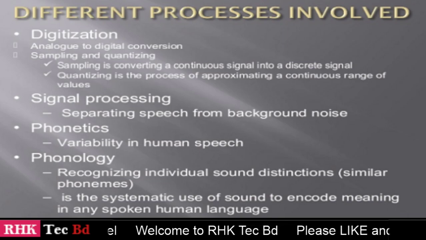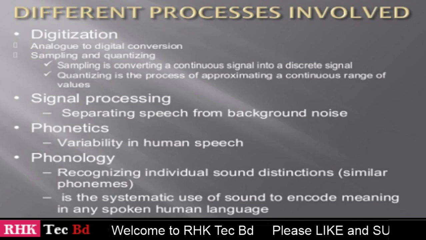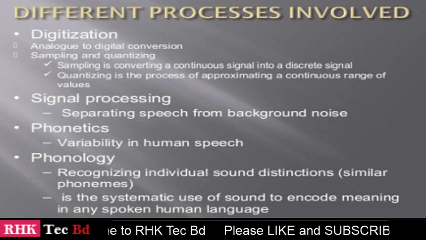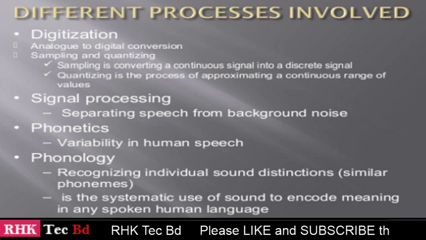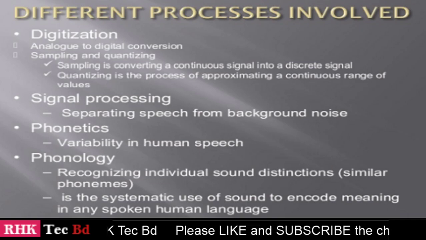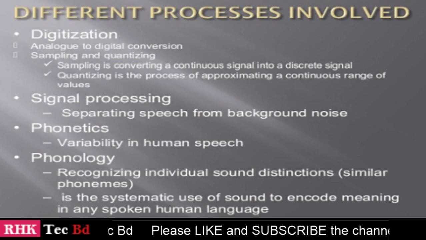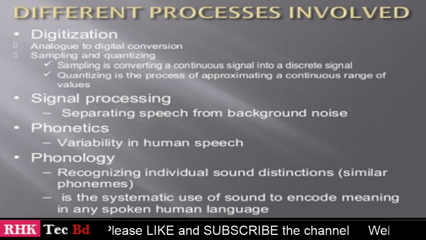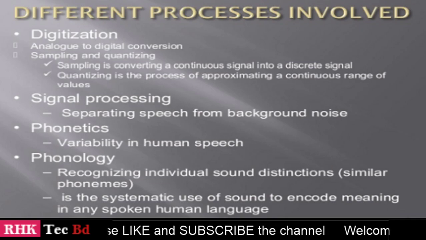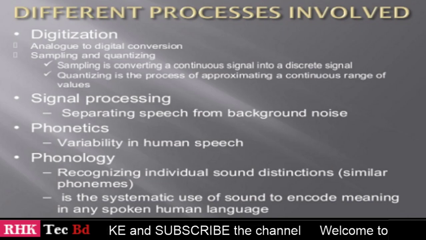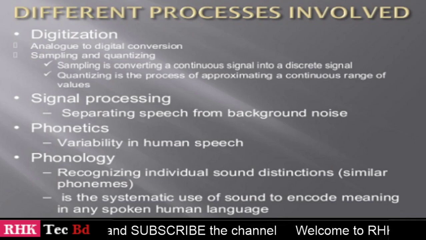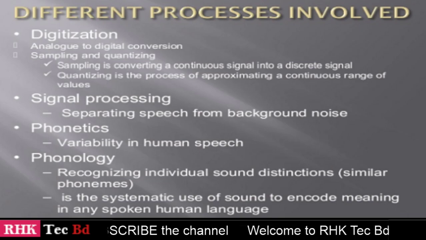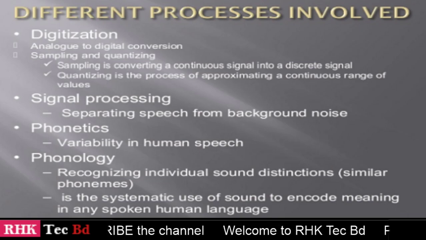Rather, it takes samples out of each word and its sounds. Sampling is converting a continuous signal into discrete signals. It means it takes samples out of those particular words which are important, and that is called sampling. And quantizing is the process of approximating a continuous range of values. It means taking the value of those sounds, it creates some numbers.